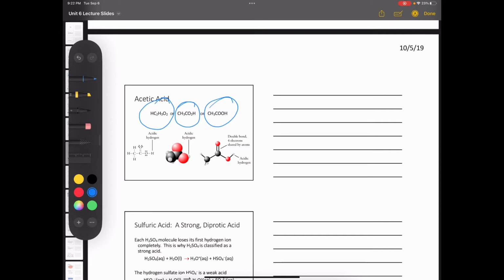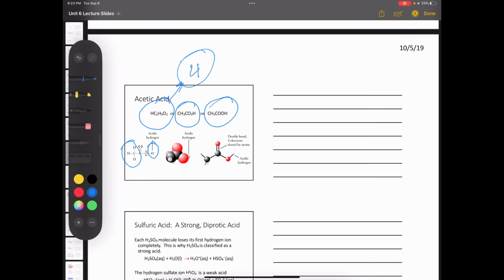Now, as you see here, there are four different hydrogens in the acetic acid, but not all four participate in the deprotonation process by donating a hydrogen. That's why we call one of those hydrogens the acidic hydrogen.